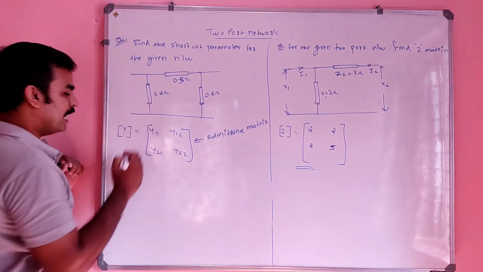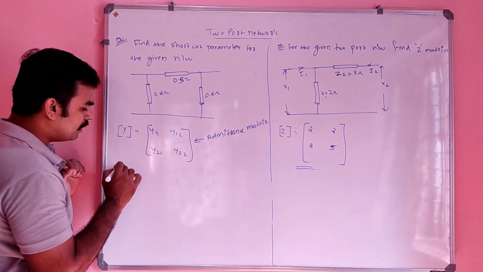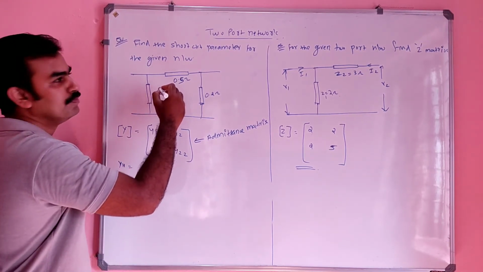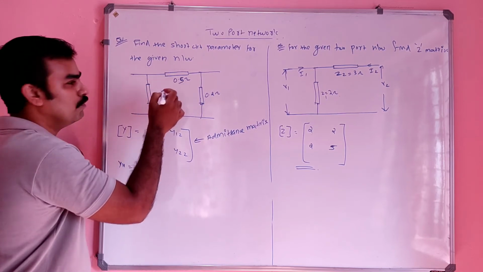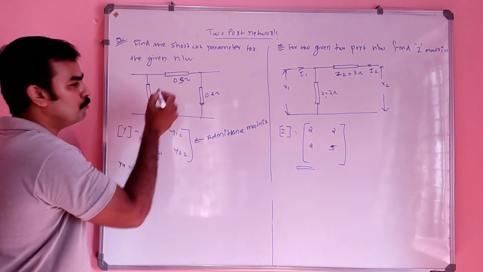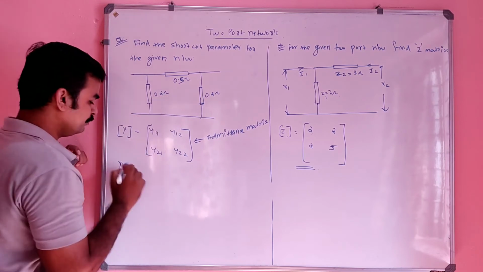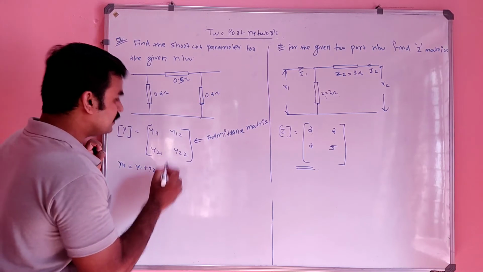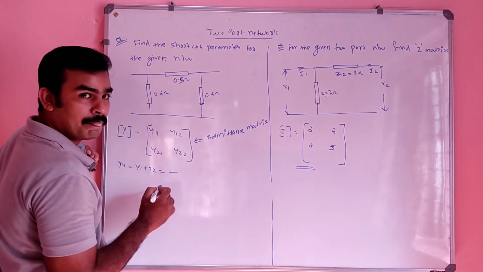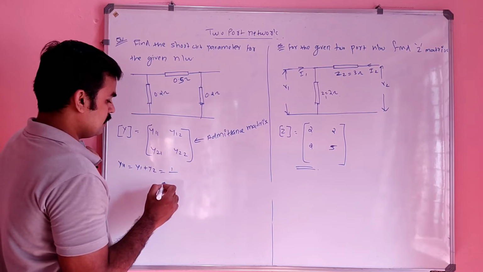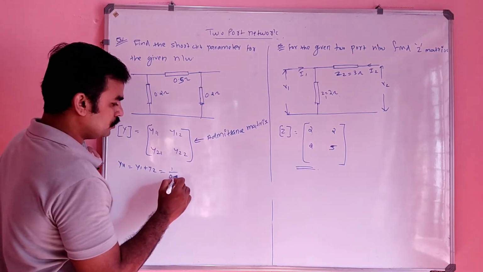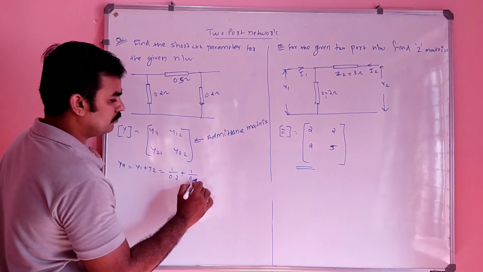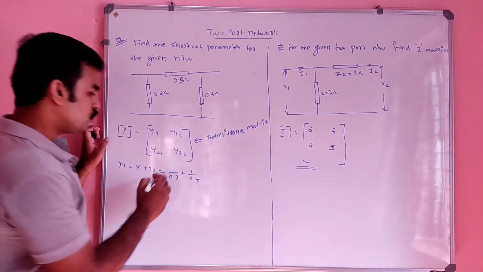Y11 will be equal to Y1 plus Y2. Y1 is nothing but 1 by 0.2, plus 1 by 0.5.